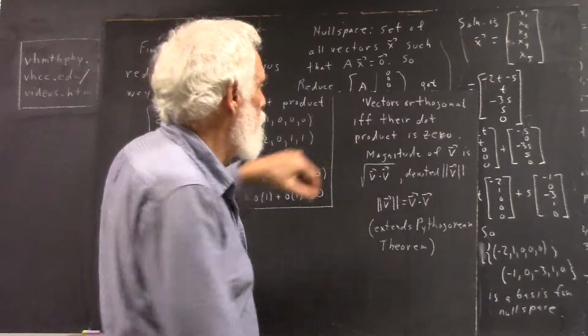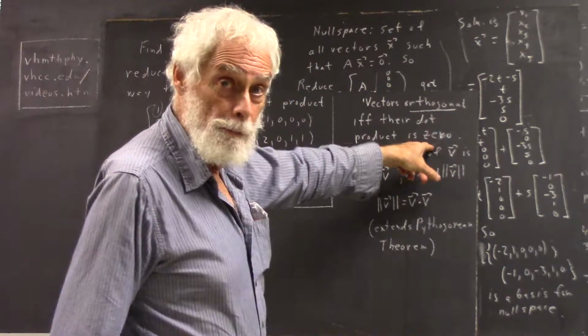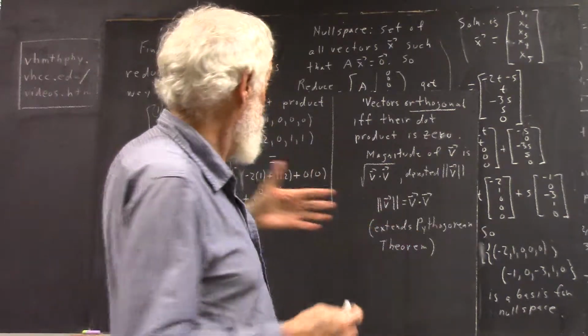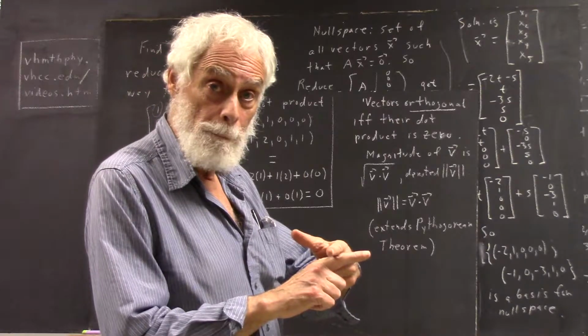Vectors are said to be orthogonal if their dot product is 0. Now that's just a generalization of perpendicularity, okay?